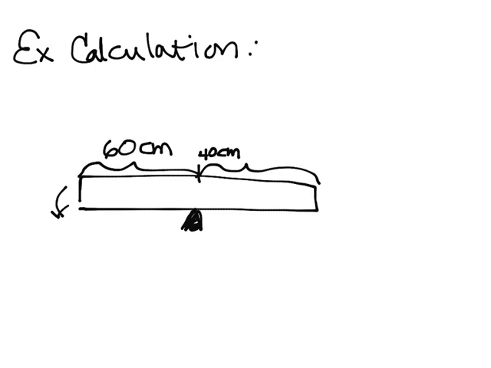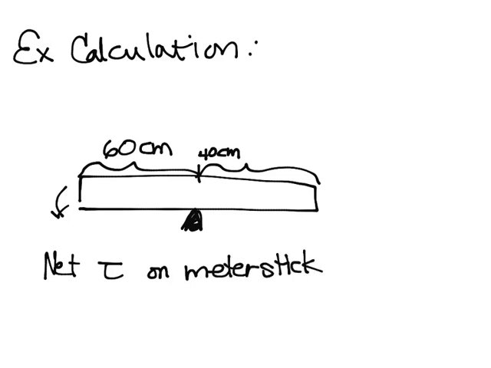And I want to know what is the net torque on my meter stick. Let's say, just so we can have a variable, the mass, let's call the mass m.